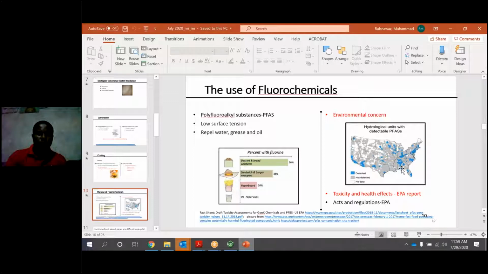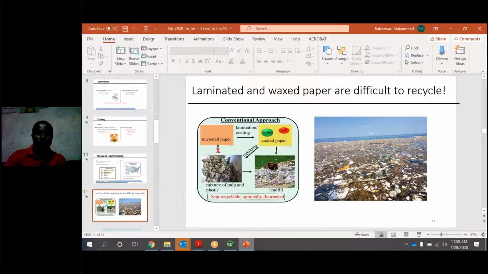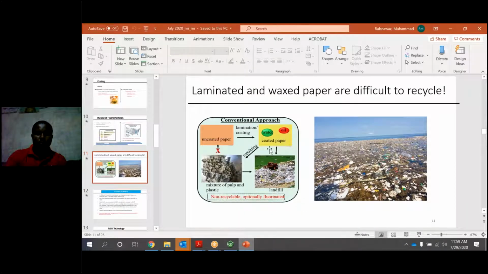So, you know, this is a big issue. In a nutshell, if you are following the conventional approaches to turn uncoated paper, which is water and oil absorbent, into water and oil repellent, it ends up in landfill, and from the landfill they stay there, or they leach out into the ocean. And in the ocean you will see that they are creating those problems.